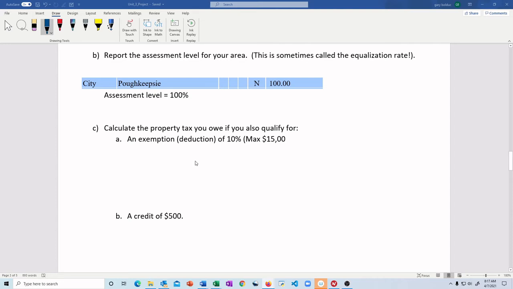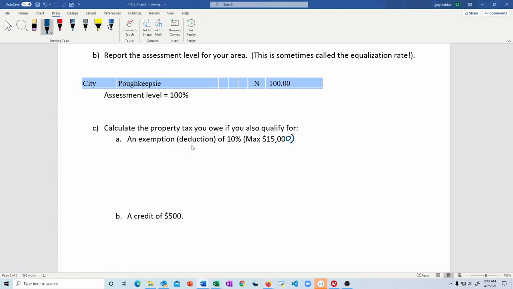Now, I added two pieces to this, an A and a B. And the way I want you to do this is forget about B for a second. Just do A. So for A, there's a deduction that you can apply. Taxes. Just remember taxes right at the beginning. Deduction, tax rate, credit. Deduction, tax rate, credit. You guys have practiced this. There's a 10% deduction.